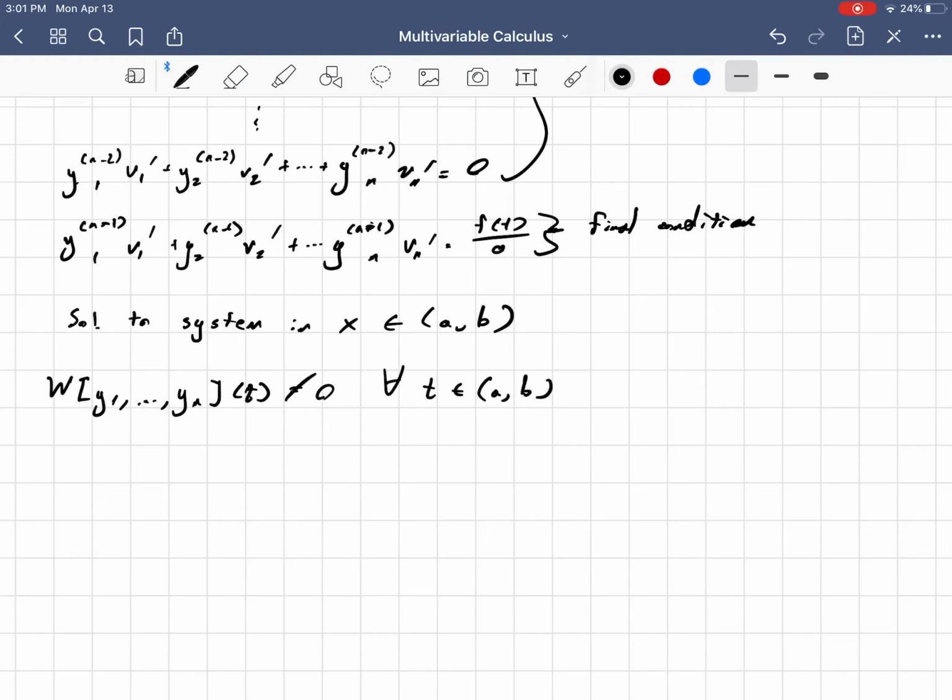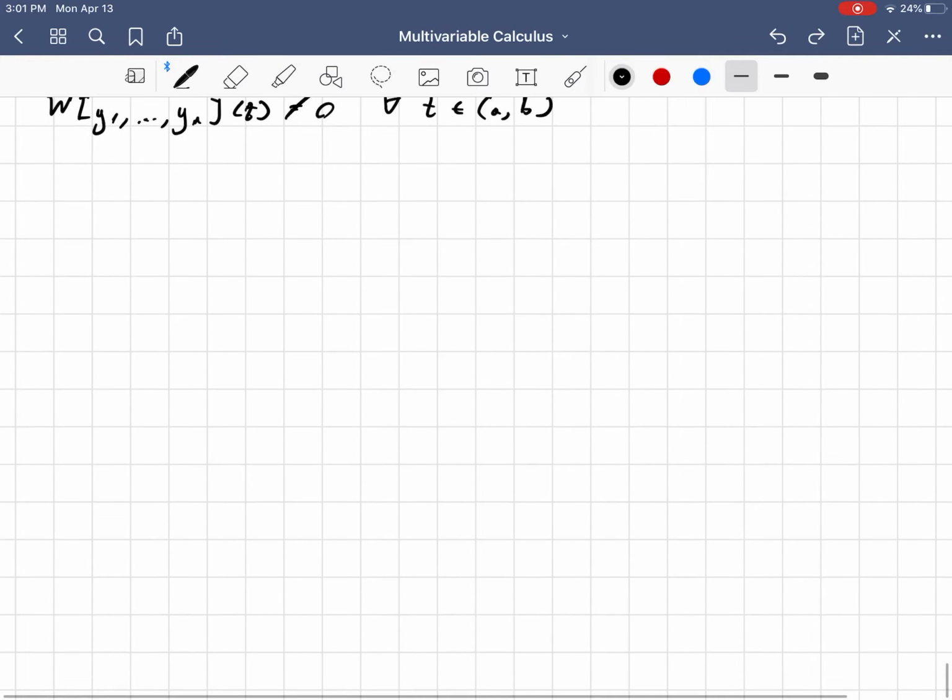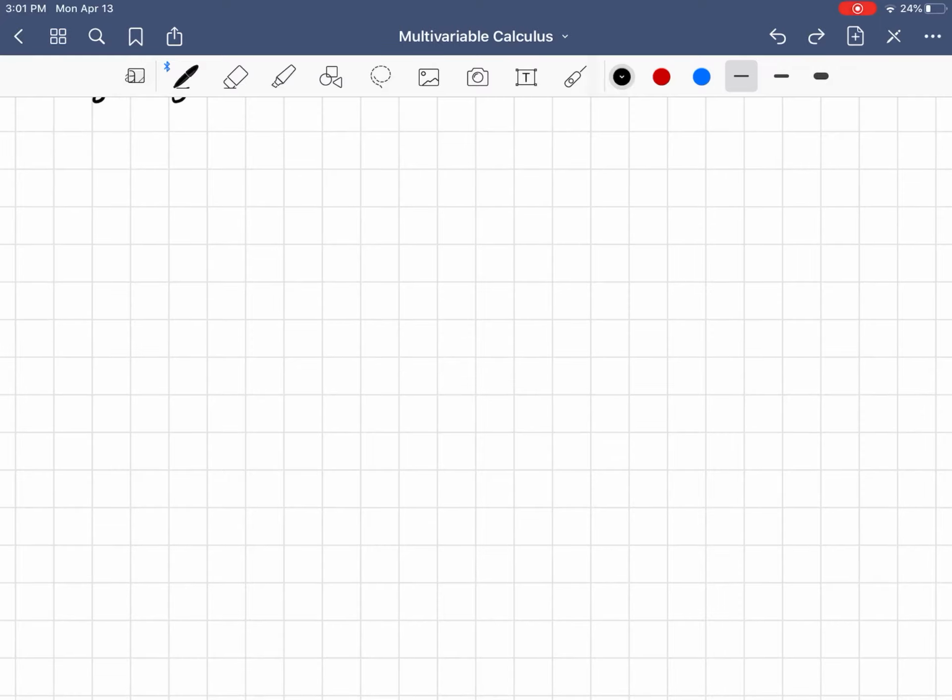So we want the Wronskian of all the different y sub n's to not be equal to 0, but we also don't want any of the particular y sub n's or their derivatives to be 0 on the interval from a to b.